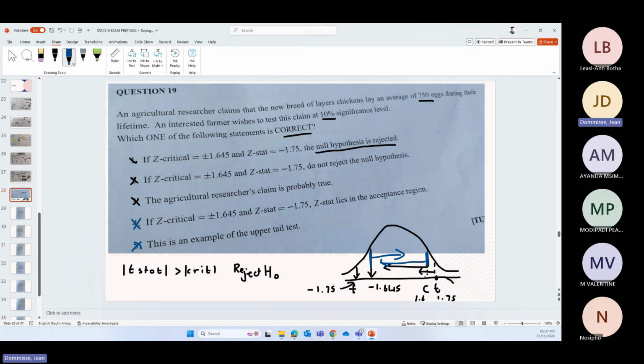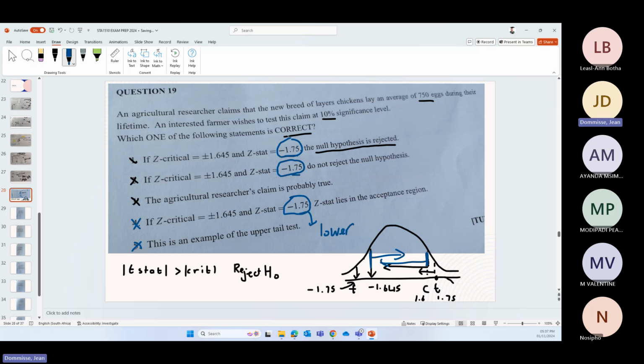It's just easier to explain it on the positive side, but it's symmetrical. So it's definitely all in the negative. It's interesting. Because they used everything negative here, that means we are sitting with a lower tail.